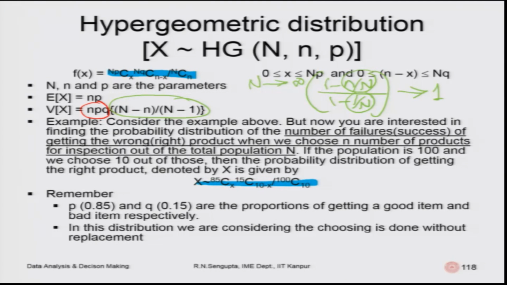Remember here probability p is 0.85 and probability q is 0.15, so the sum is always 1. These are the proportions of getting a good item or a bad item.